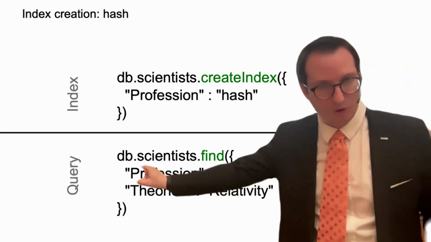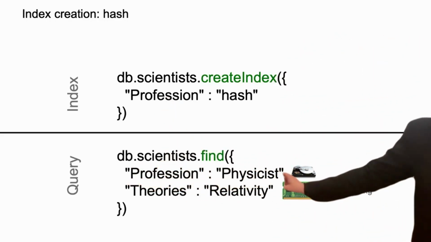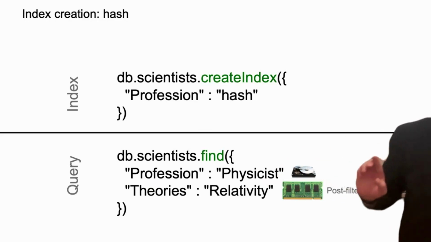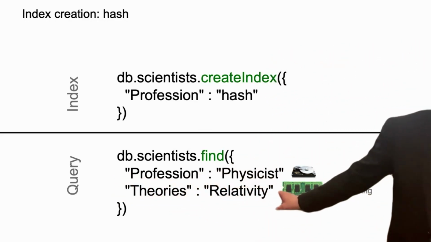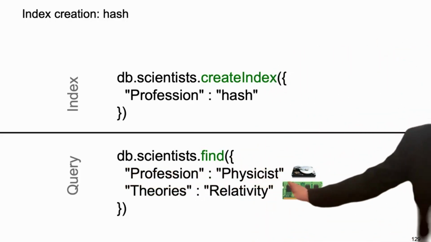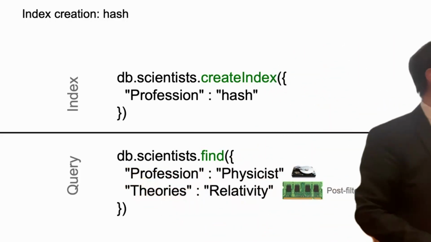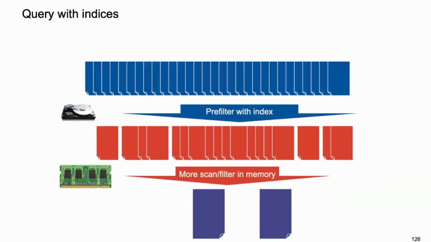So it's going to use the index to specifically read the documents that are physicists. But do you see that this here needs to be done additionally? So after you have used your index to process that part, you additionally need to do some more filtering without an index. Who sees that? Right. So this is what I meant here when I said there's more work required in here.